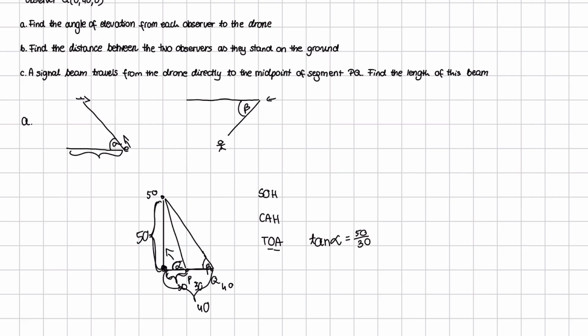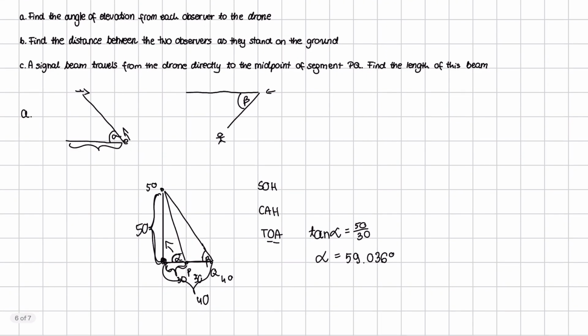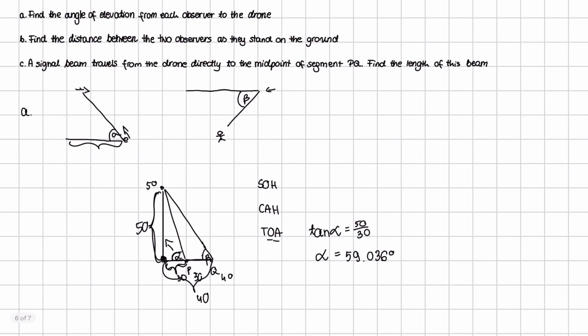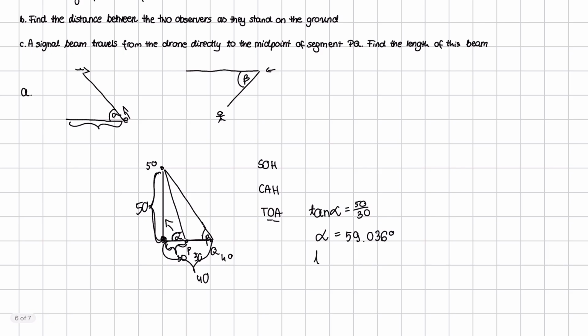So this is, let's check, maybe let's write in here that our angle is 59.036 degrees. We can leave it like this, and our beta angle is also tangent, so opposite 50 over adjacent 40.